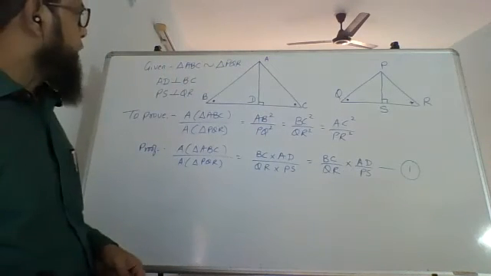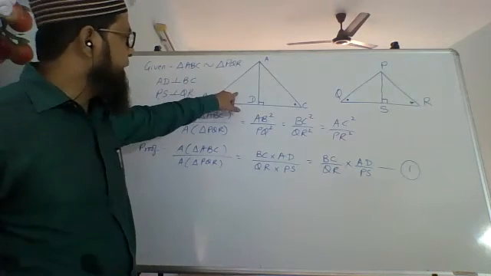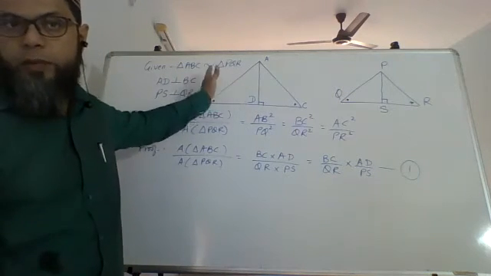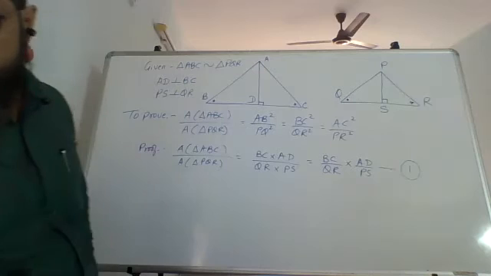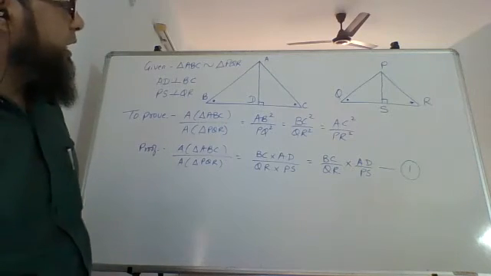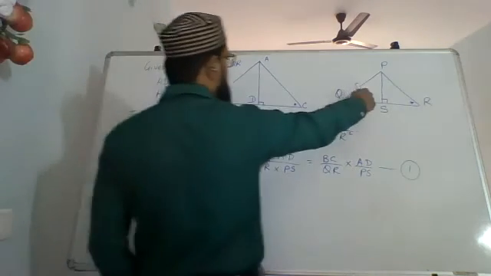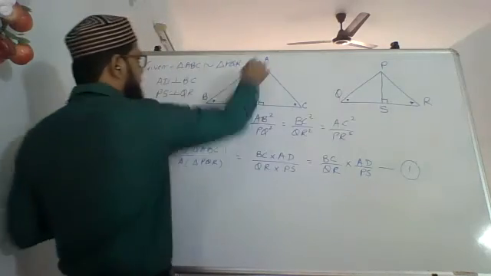Now let's look at triangle ABD, the smaller part, up to where the perpendicular is. Triangle ABD and triangle PQS. These two triangles I'm saying.